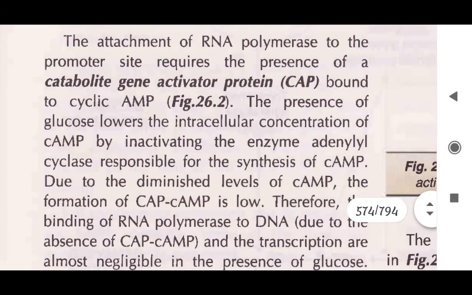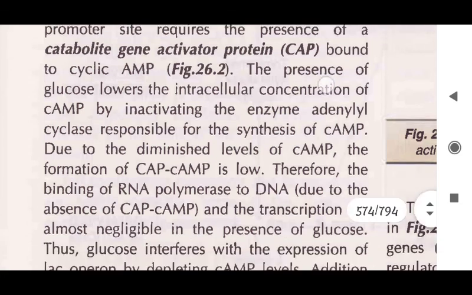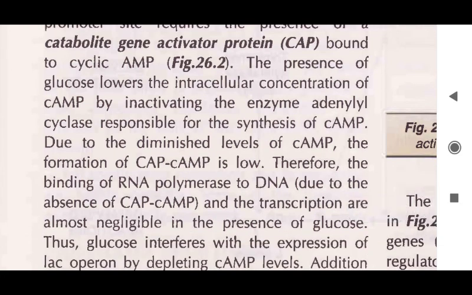How does it lower the cyclic AMP concentration inside the cell? By inactivating the enzyme adenylyl cyclase, which is normally responsible for the synthesis of cyclic AMP from ATP.